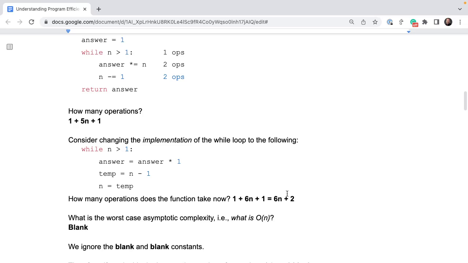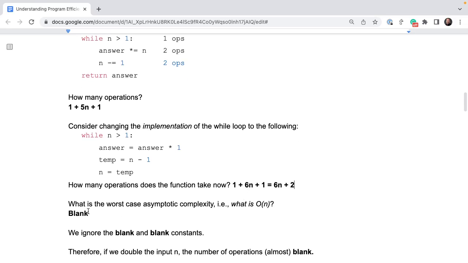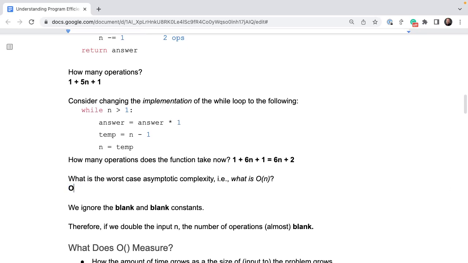No. Do you even really care if you multiply that number by 6? No, because it is already so big that you really only are going to care about one thing, that n, whatever your input was. So asymptotically, what you would say is that this is big O of n.